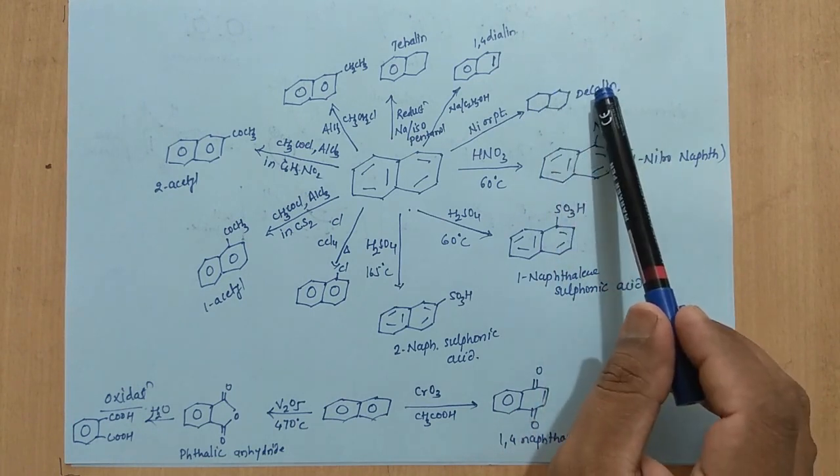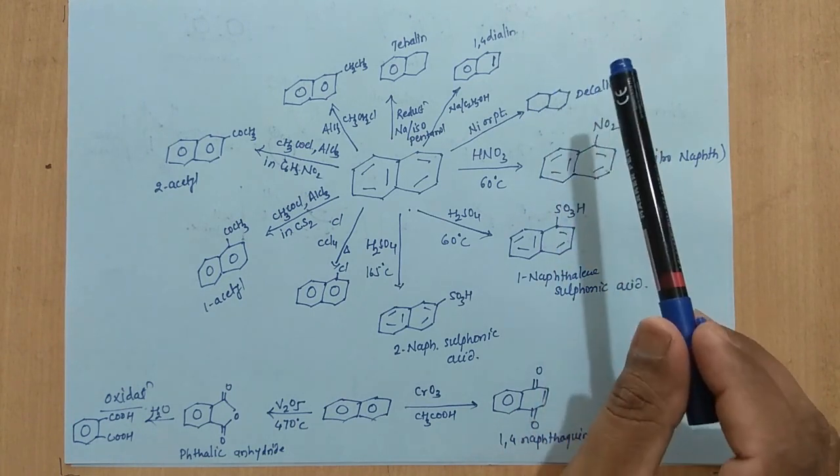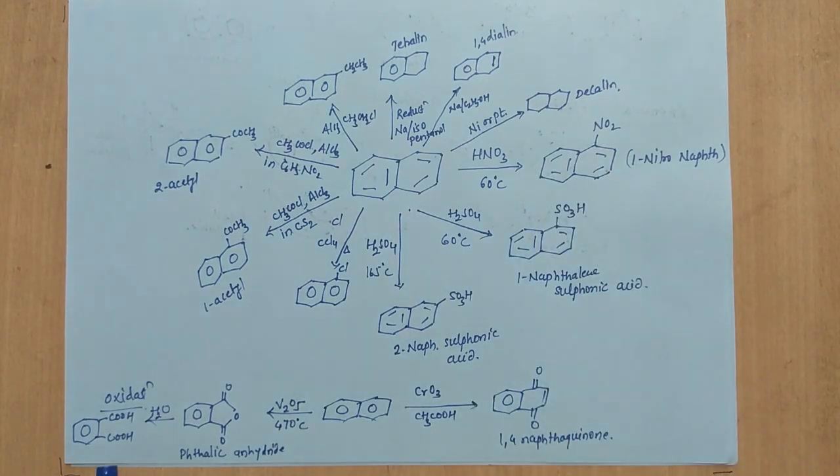That is decalin. Okay, and the last reaction is the oxidation reaction. Naphthalene undergoes oxidation in presence of chromium trioxide with acetic acid. It gives oxygen at the 1 and 4 positions, double bonded oxygens. Okay, that is 1,4-naphthoquinone.